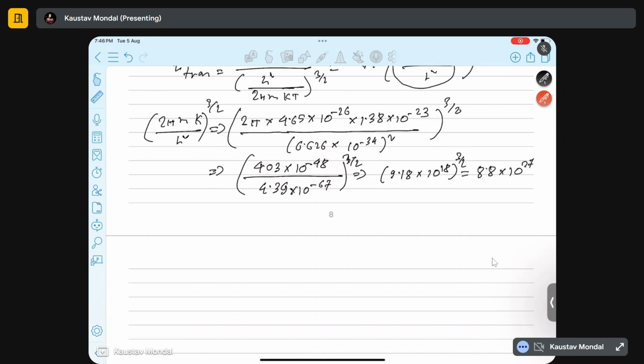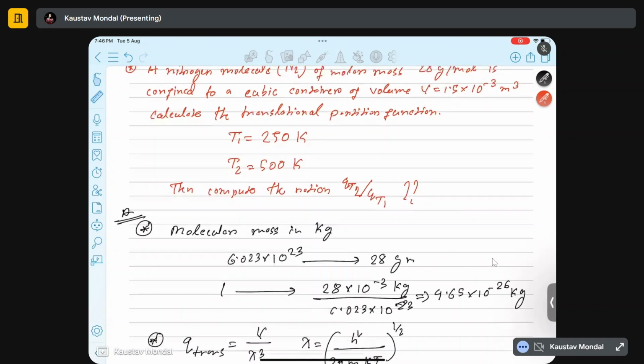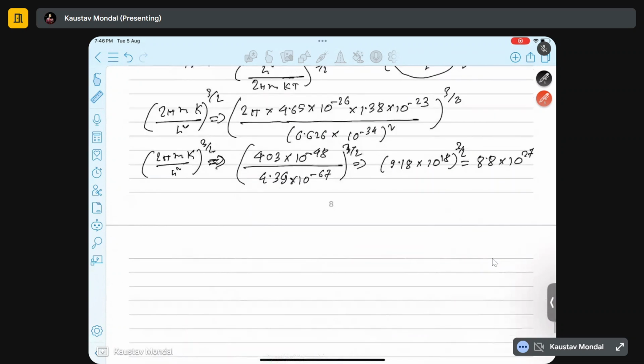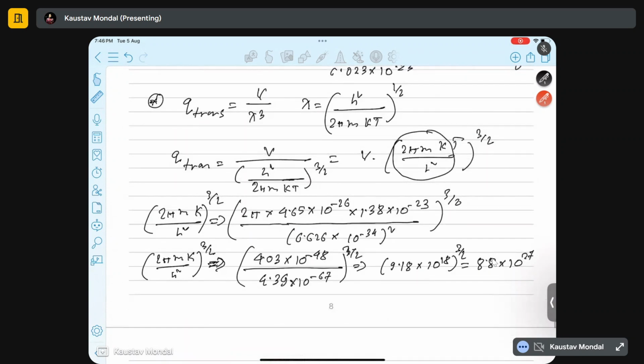Okay, so this is 2 pi m k by h square to the 3 by 2. Okay, that's how we got the expression of this factor.